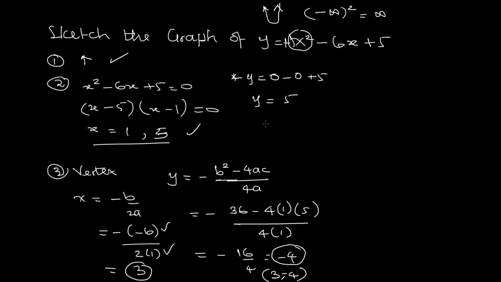So at the point where x is 0, the graph crosses the y-axis at coordinate (0, 5). So we have our general direction, we have our vertex, we have our solutions, and then we have this. So now we can graph our thing.